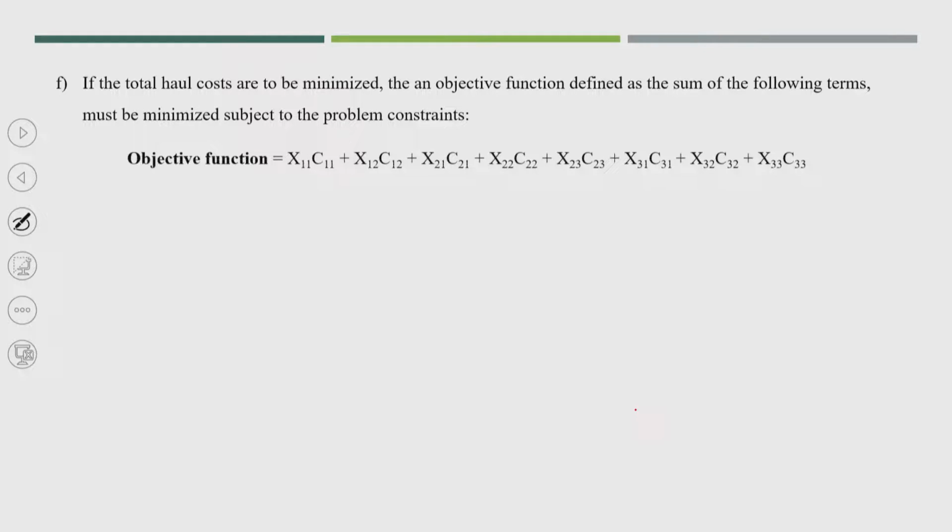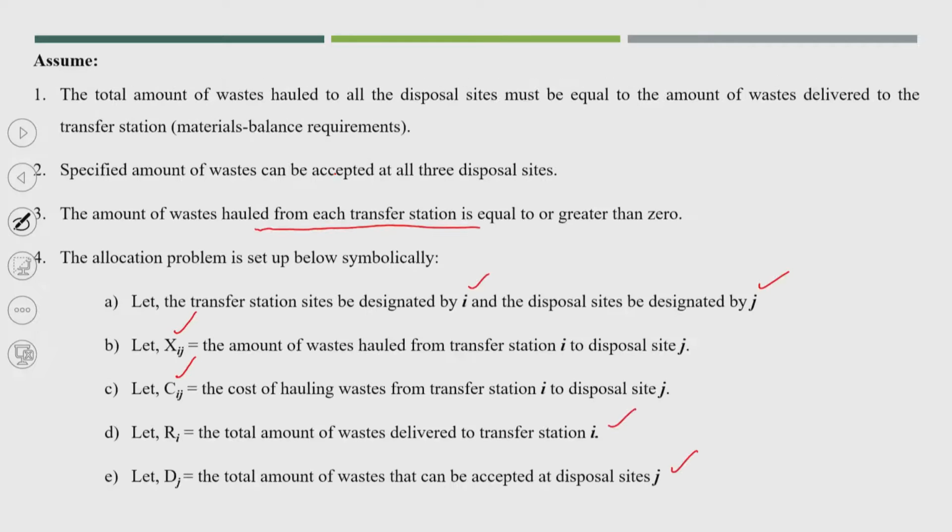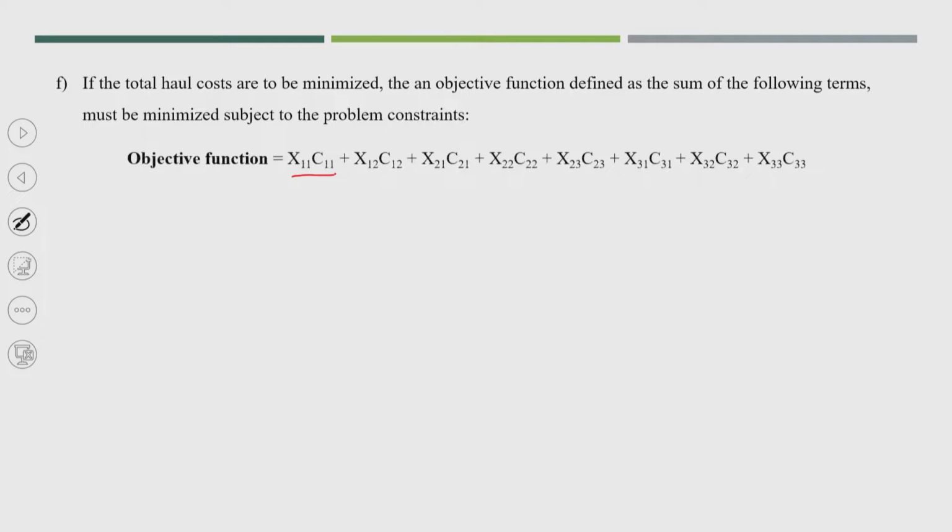So the objective function will be x11 multiplied by c11 plus x12 by c12, and so on, where x11 is the amount of waste hauled from transfer station 1 to disposal site 1, and c11 is the cost of hauling waste from transfer station 1 to disposal site 1.